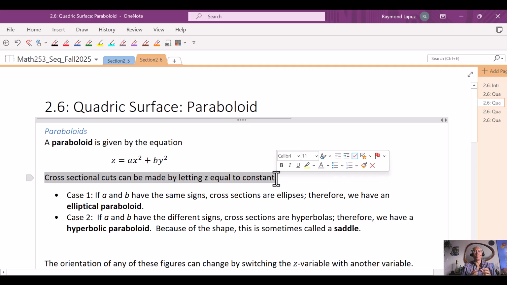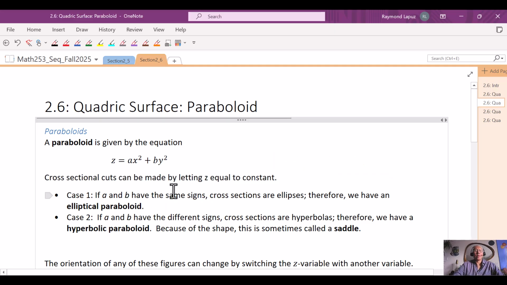And so we break that down into two types of paraboloids. The shape that we get when we let z equal just a number, a constant, then we have some constant equal to something with a squared and b squared. So if a and b are both positive, then we have what we call an ellipse. And if you have cross sections that are ellipses, you have what's called elliptical paraboloids.